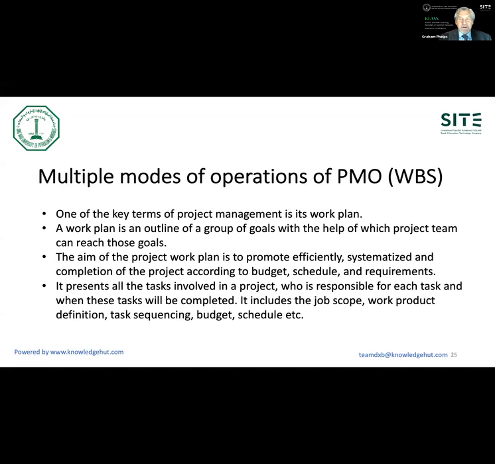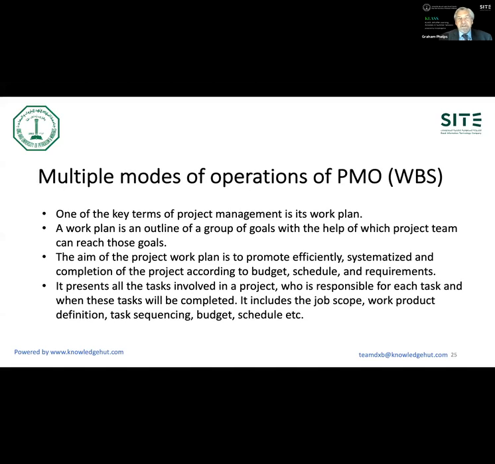It's called a WBS. It's a work breakdown schedule. It's the first formal planning document a project manager will produce in many cases. It's a work plan. It's how the goals are going to be achieved, by whom and when.